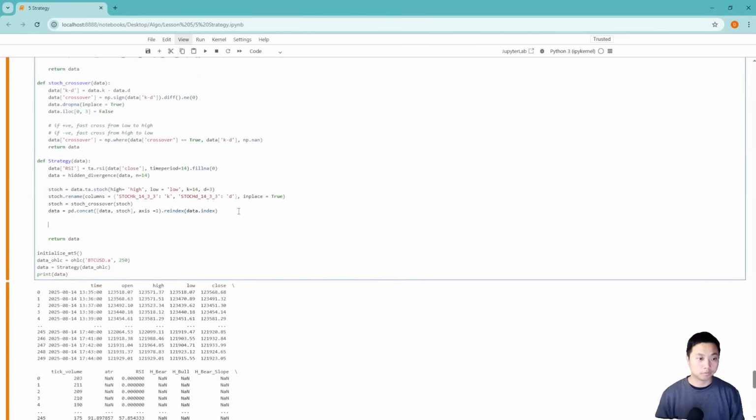We initialize MT5, connect to MT5, and successfully retrieve the data. Here again, we're using Bitcoin as an example with 250 bars, and we load everything into this data frame.